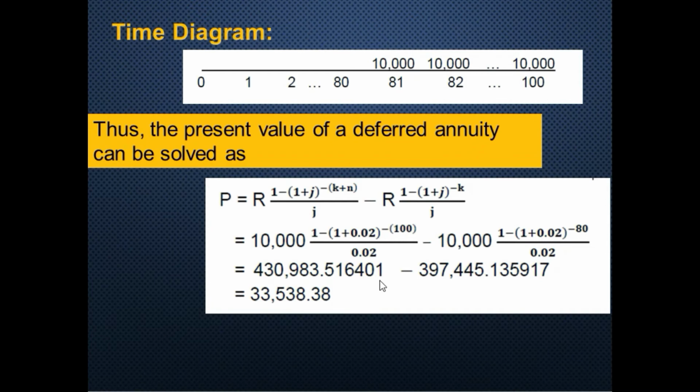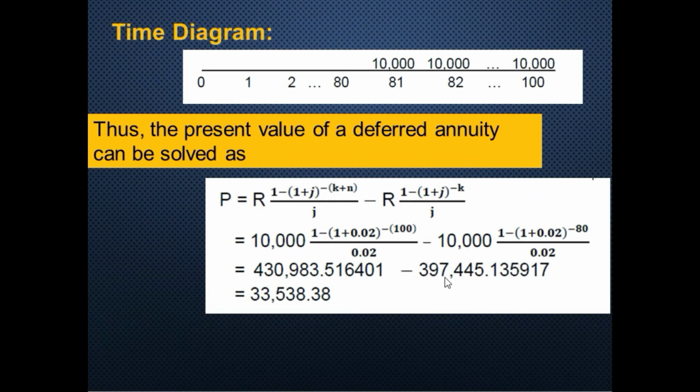Also, on the other side, we need to simplify this in fraction form. So 1 plus 0.02 raised to the power of negative 80. The answer is subtracted from 1. You divide it by 0.02. Multiply it by 10,000 pesos.